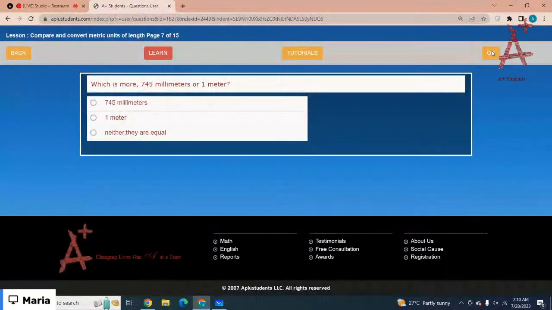Okay, which is more, 745 millimeters or 1 meter? Which is the correct option?